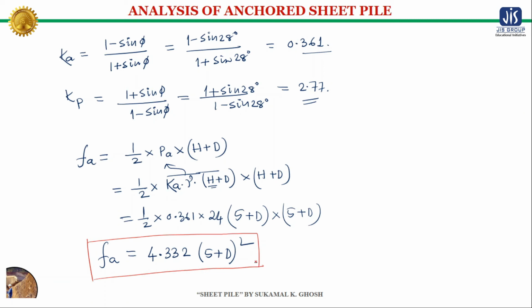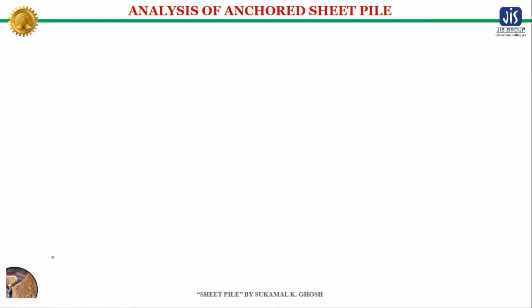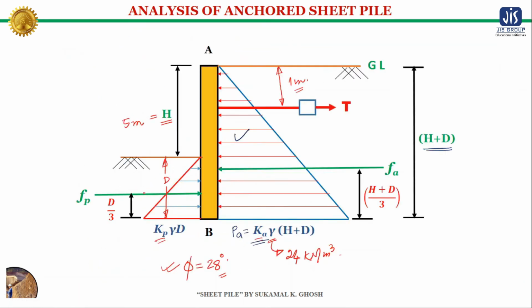In the same way, we can calculate the value of Fp. What will be the value of Fp? It will be half into this depth, that is D, into this Kp into gamma into D, that is Pp.